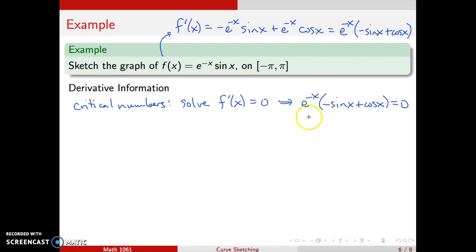So where does e to the negative x times negative sine x plus cosine x equal 0, which happens exactly where negative sine x plus cosine x equals 0, which is cosine x equals sine x. So on this interval, negative pi to pi, cosine x equals sine x. Where does that happen?